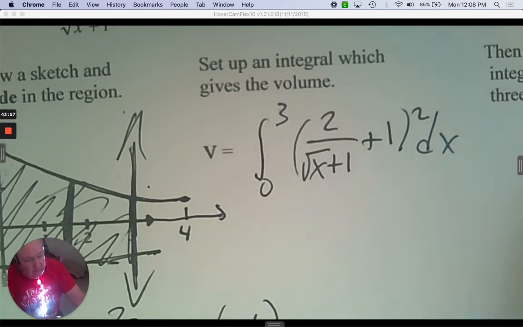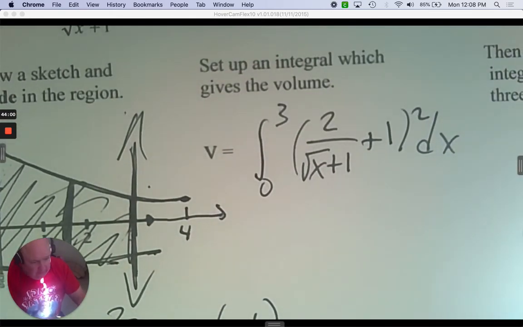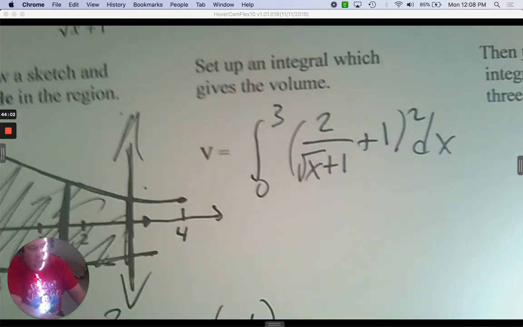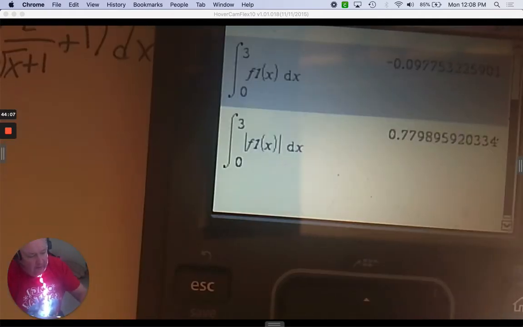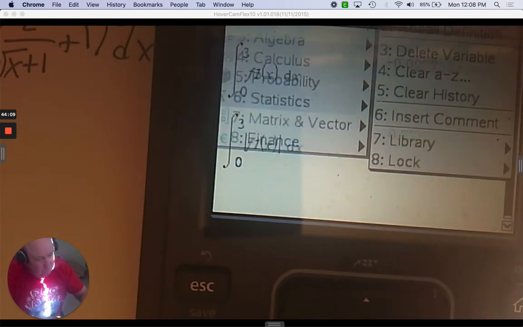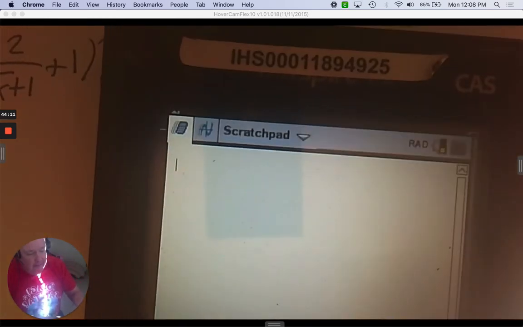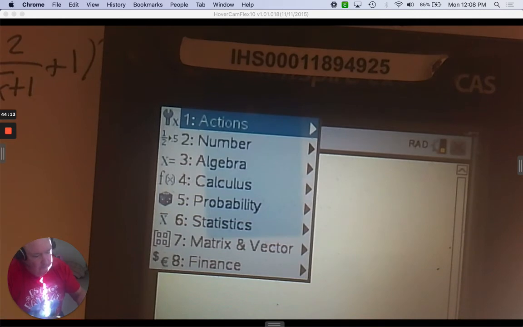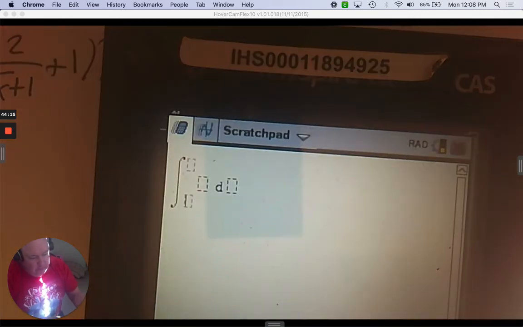And then it says use your calculator to integrate it and give your answer. So let's do that. So now let's use your calculator. I'm going to clear this. Press menu, calculus, integrate, and we're going to integrate from 0 to 3.